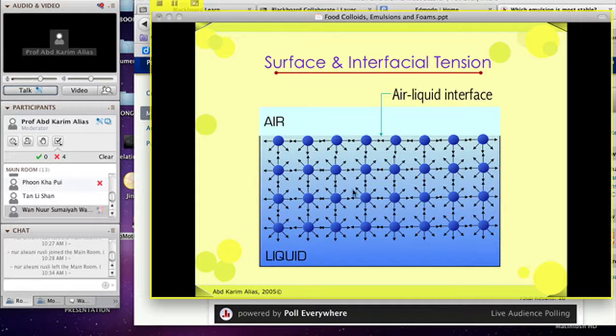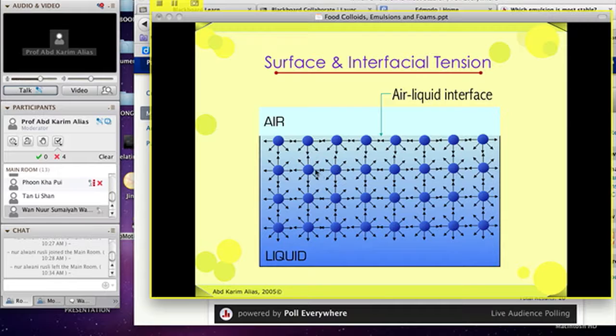If we look closely at the interface between air and the liquid, let's say water, we have the molecules inside the liquid, and each molecule has an attractive force with the molecules around it.